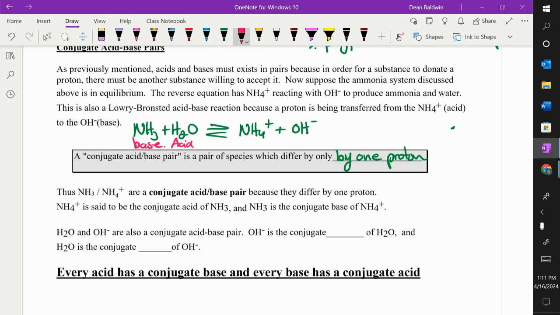But then if we look at the other side, the reverse reaction. When we're going left to right, water's acting as the acid, dumping the proton. But if you view it right to left, going the reverse reaction, the ammonium ion is donating a proton to the hydroxy group, right? So the ammonium is the acid in the reverse reaction.